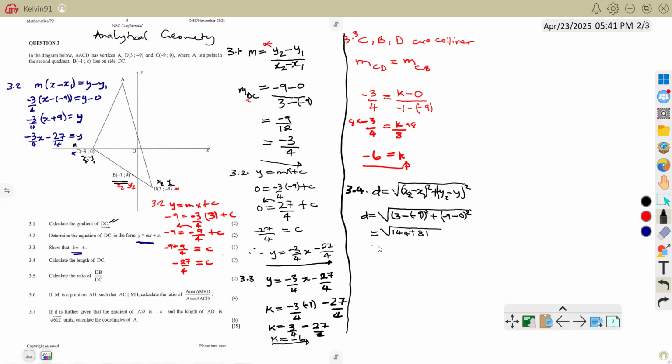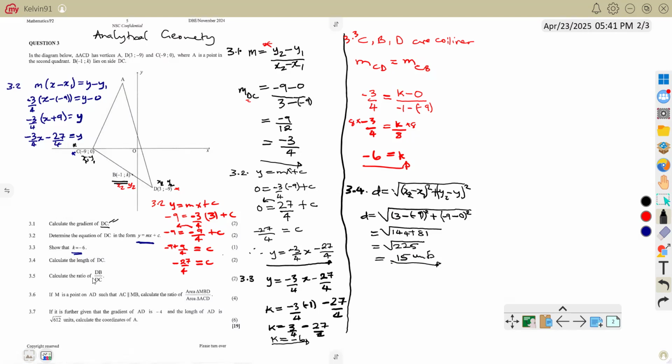You'd realize that this is the square root of 225, and the square root of 225 is 15. So this is equal to 15 units. But take note, once you substitute, you can just trust your calculator and go straight to the answer.